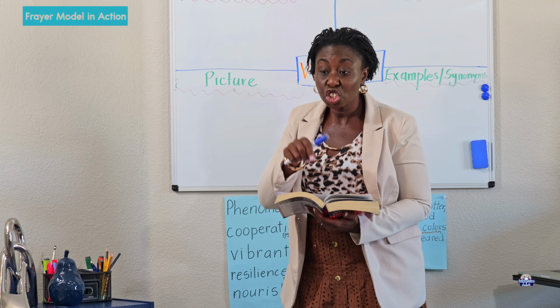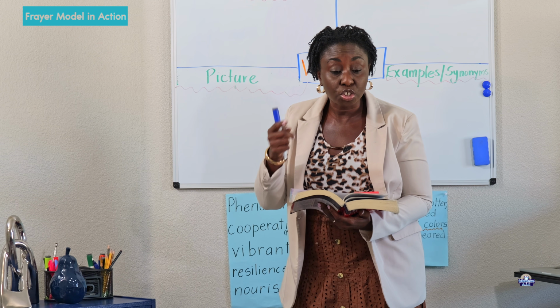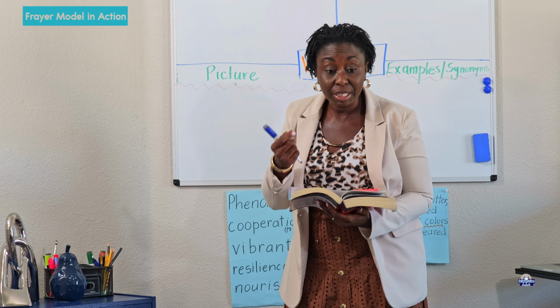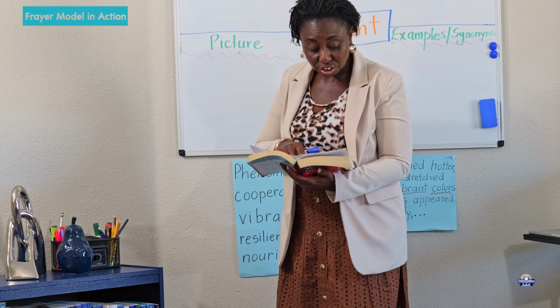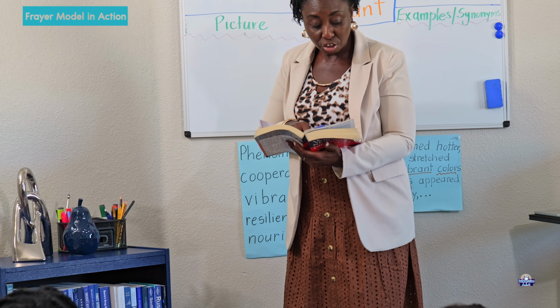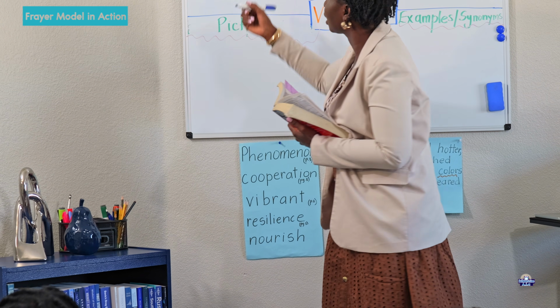Is that clear? It is also important to check the dictionary to see if what you thought was the meaning is correct. So I'm using my dictionary. All right. And in the dictionary, it says full of energy and life, bright and colorful. So I can write it.